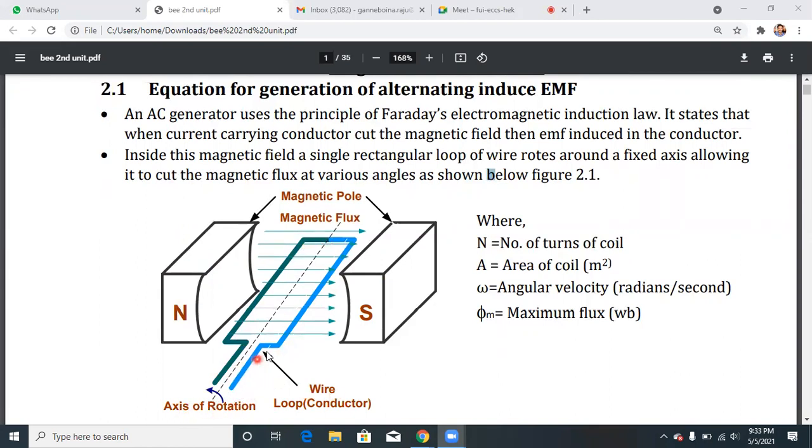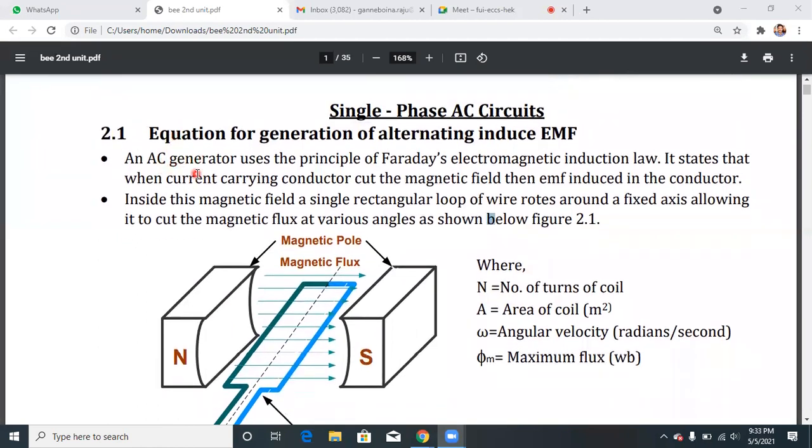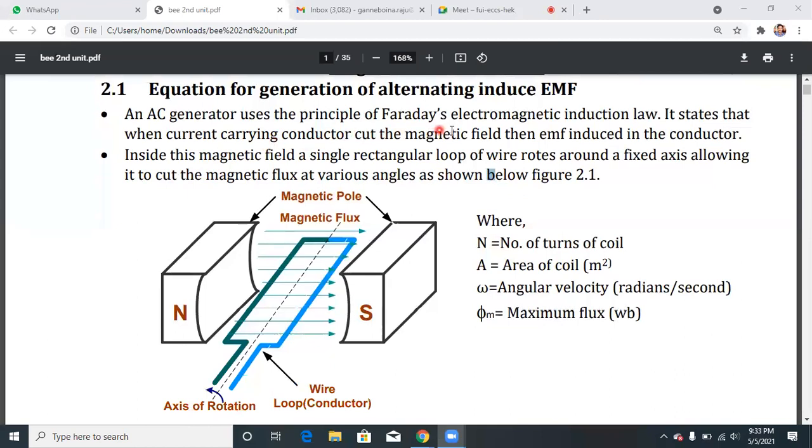It is a wire or loop conductor. An AC generator uses the principle of Faraday's electromagnetic induction law: a rotating conductor placed in a stationary magnetic field, then EMF is generated.